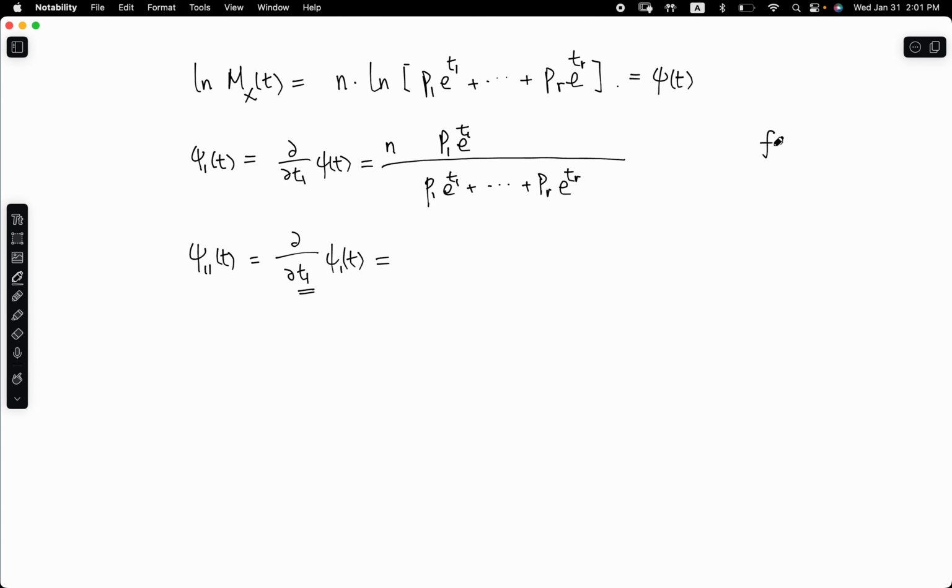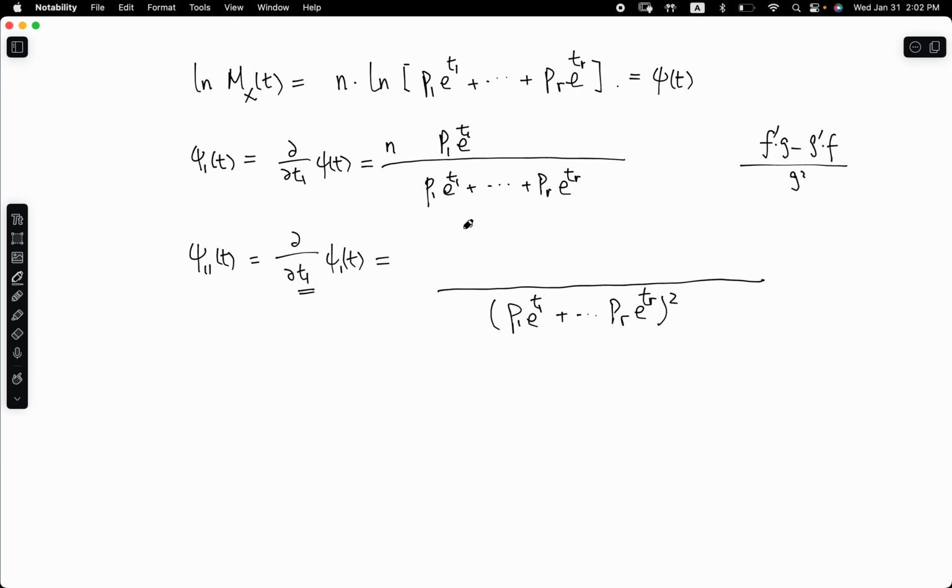This is f prime multiplied by g minus g prime multiplied by f over g squared. Okay, so let's first complete the denominator here. P1 e^t1 plus ... plus PR e^tR, altogether squared. So that should be the denominator.